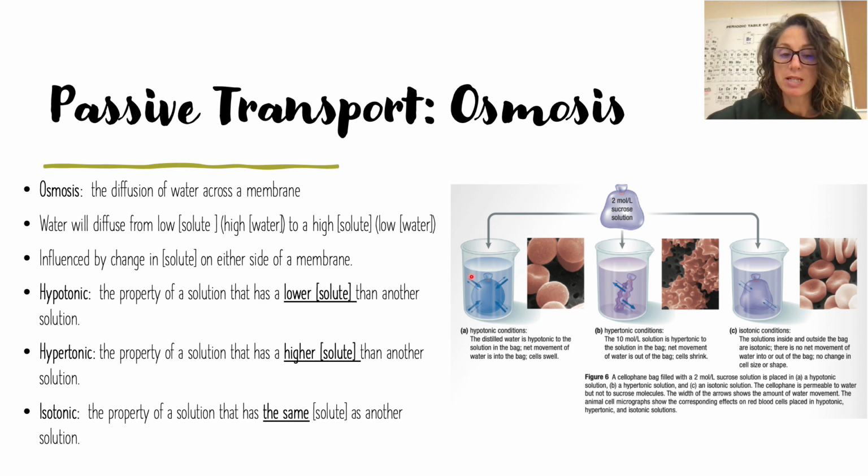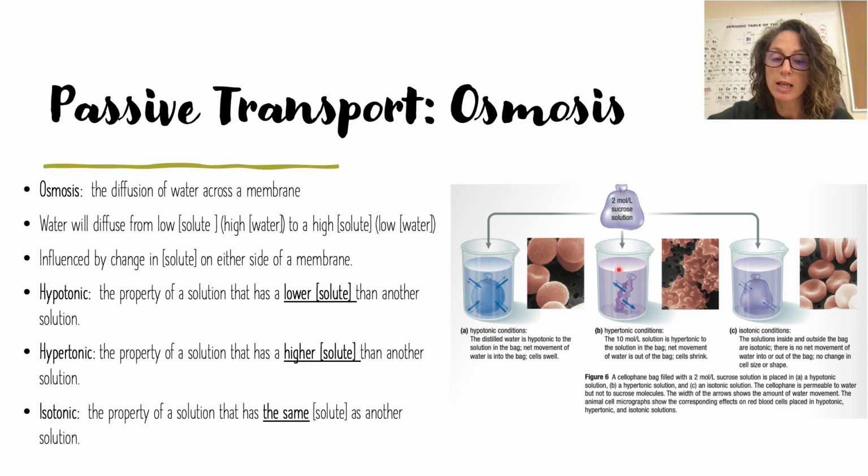And so we're going to see the swelling of this sac, it's a bag, because water moves into where it has a high solute concentration. This is what would actually happen to our blood cells if we end up with a really, really high salt solution in our blood. And we'll see why this is important in our case study tomorrow.